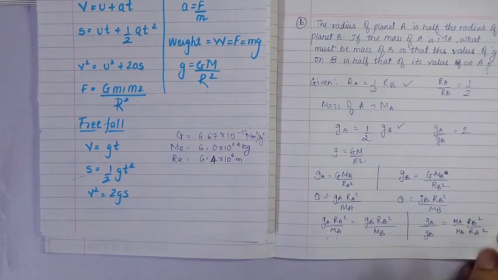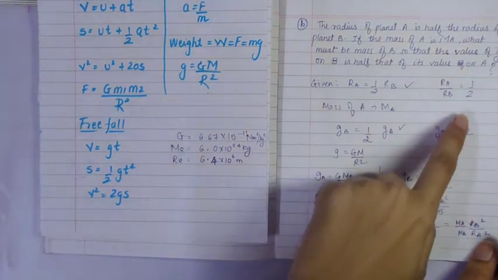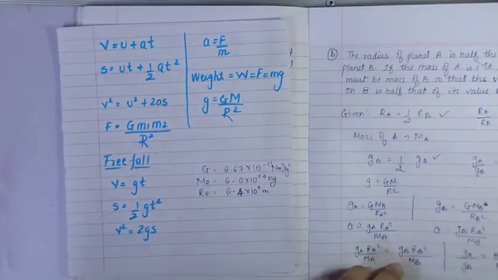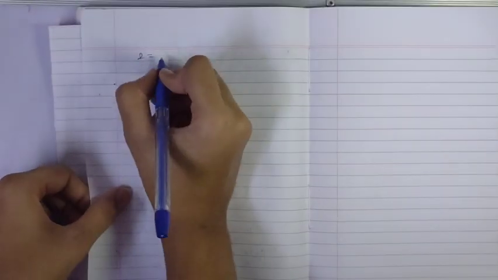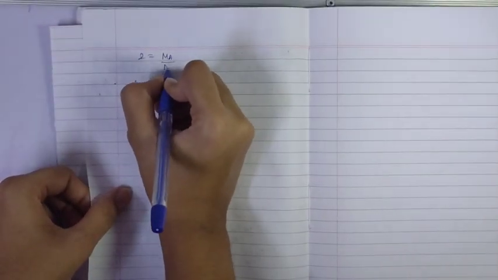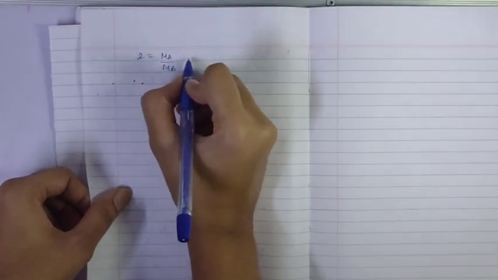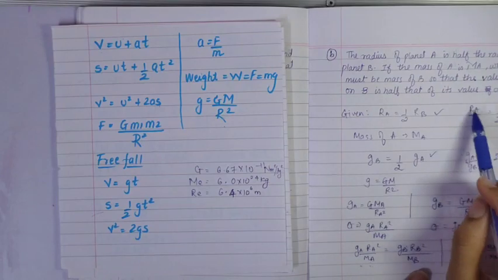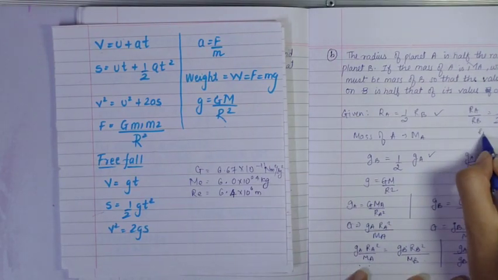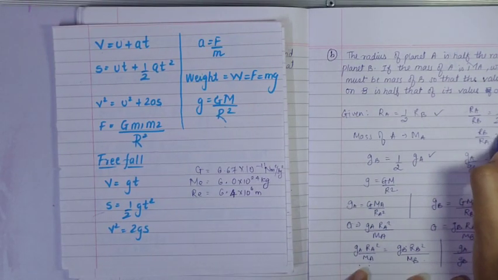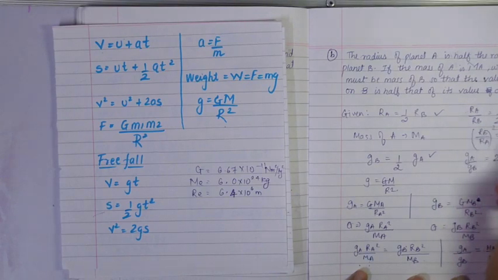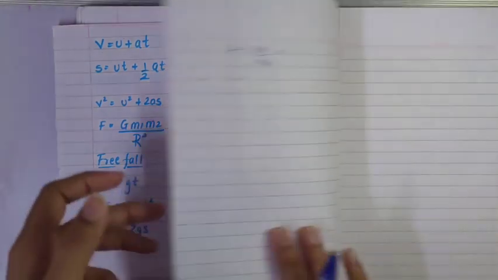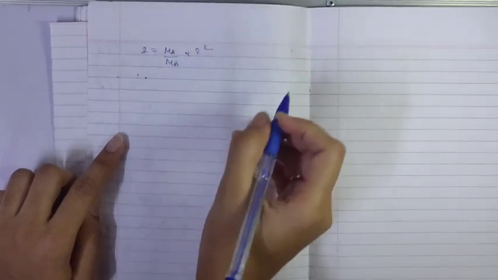Now I'll go on substituting. What is my gA upon gB? 2. So I'll write here 2 is equal to MA upon MB into, what is your RB square upon RA square? If your RA upon RB is 1 by 2, your RB upon RA will be 2, and their square will be 2 square. So here I'll write 2 square.